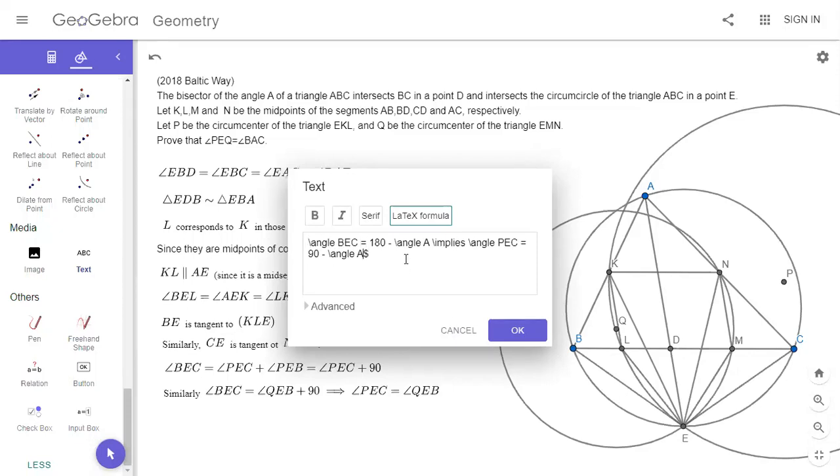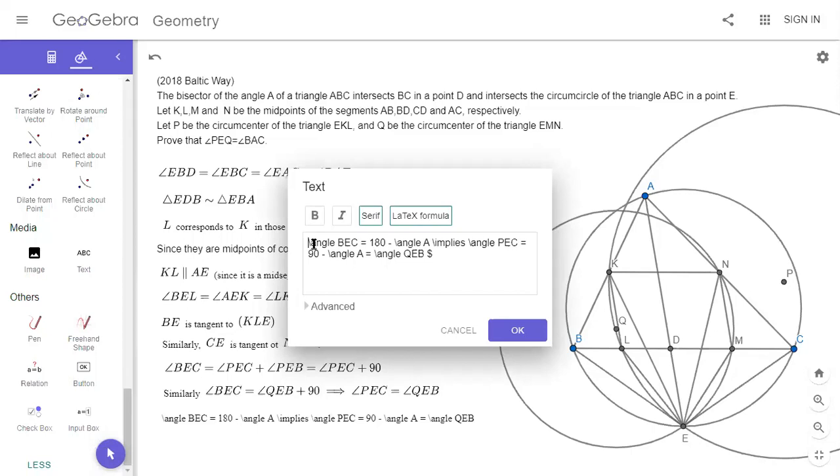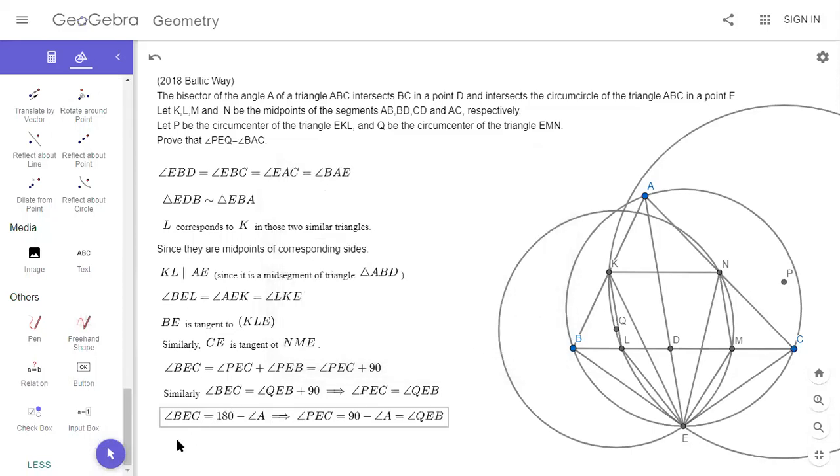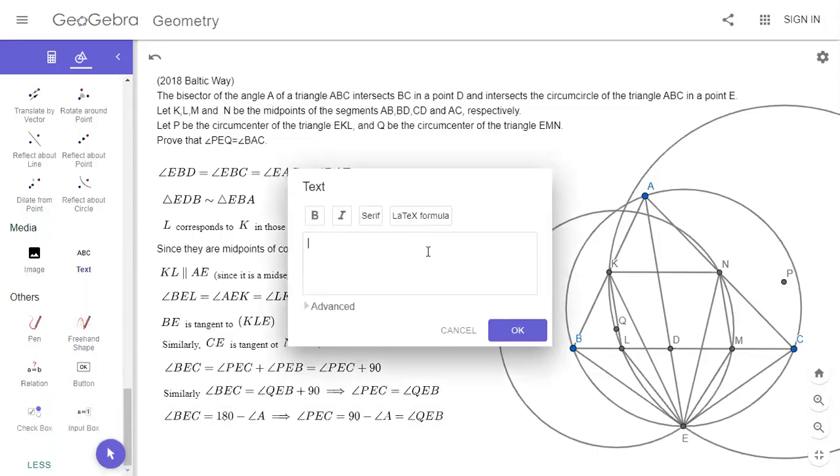I'll just say PEC is QEB. And so PEQ is equal to... I think I probably went in a circle here.